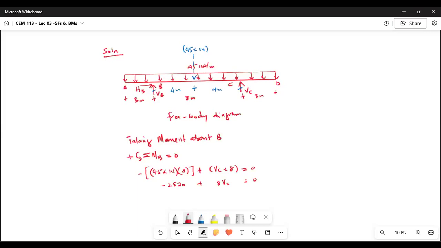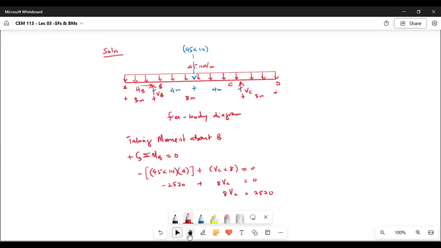So that negative 2,520, we have 8 VC is now equal to 2,520.